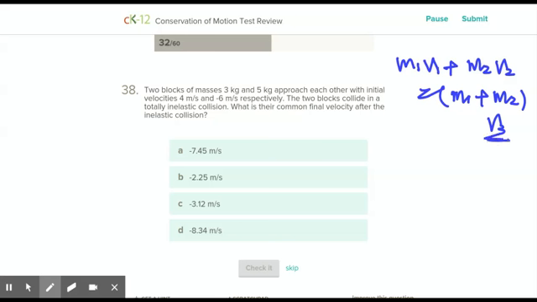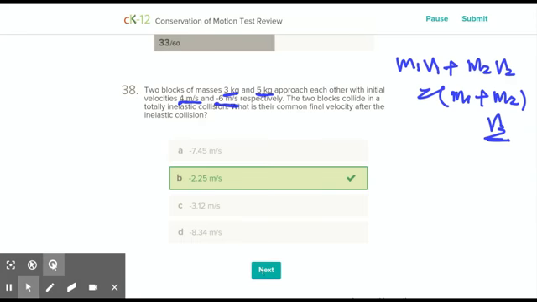All those numbers, you plug them in. 3 kilograms is m1, 5 kilograms is m2, 4 meters per second is v1, -6 is v2, and you can find your answer. Your answer is 3 times 4, plus 5 times -6, divided by 8, which is -2.25. Okay, your answer is -2.25.